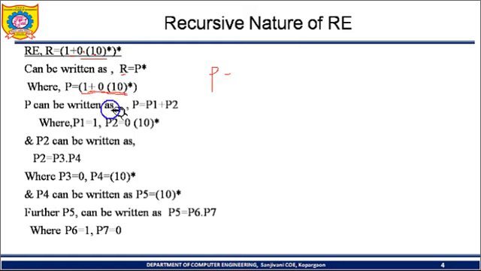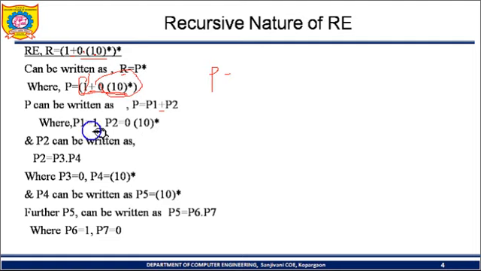So that's why p can be written as p1 plus p2. Plus operator represents union operator, where p1 is nothing but 1, and p2 is nothing but the remaining part, 0 1 0 star.